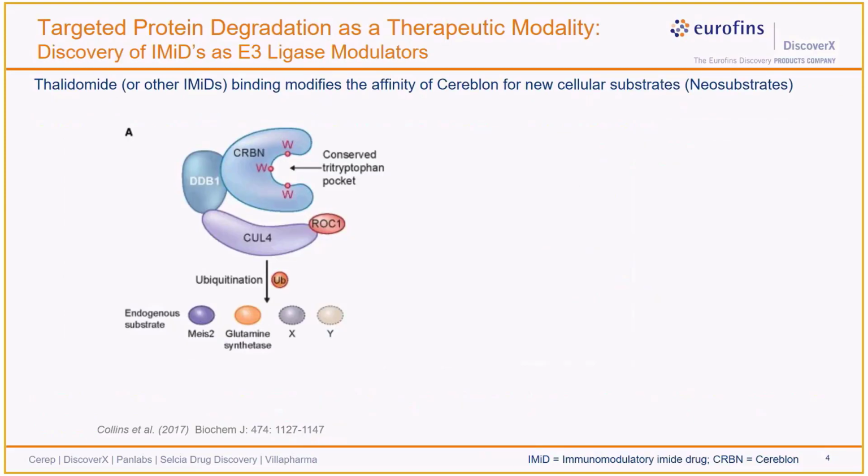The discovery of thalidomide's mechanism of action has generated a great deal of excitement to target E3 ligase for drug development. Thalidomide is an immunomodulatory drug, or IMiD, that has been used to treat cancers because of its anti-angiogenic and anti-inflammatory properties.